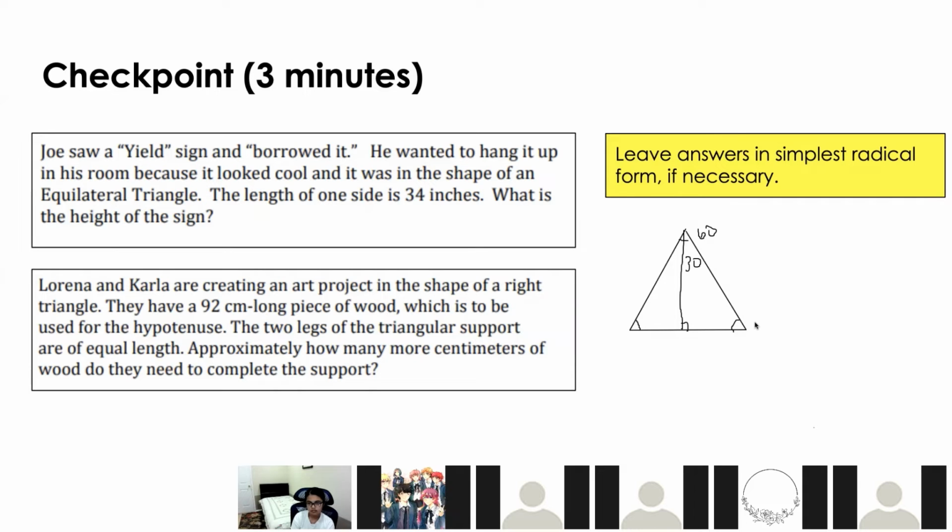Because the length of one side is 34 inches, that would be the hypotenuse. And this part down here is just 1/2 of 34, which is 17. And because of the property of 30, 60, 90 right triangles, the height would be 17 square root of 3.